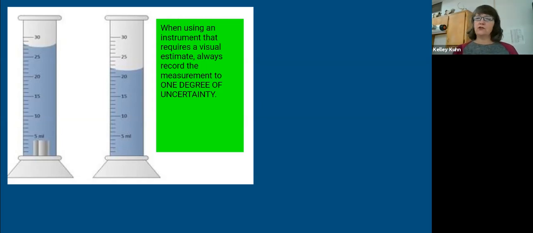So because this tool measures to the ones, we will estimate to the point ones. Generally, you will estimate to 1/10 of your smallest increment to get to that level of uncertainty. We're going to actually practice this with some tools, but for now, that's just a brief introduction to how we can make measurements with the right level of precision.